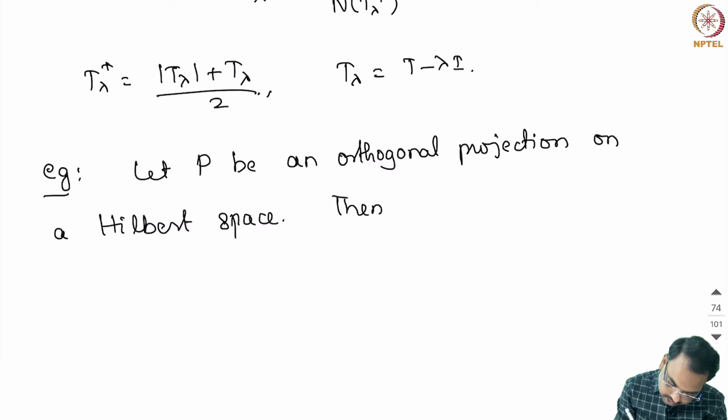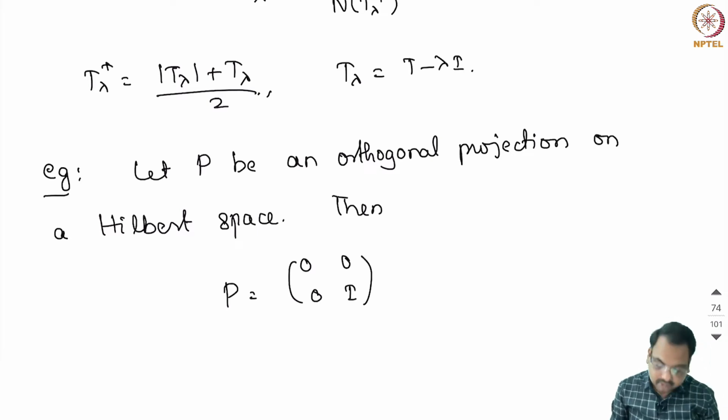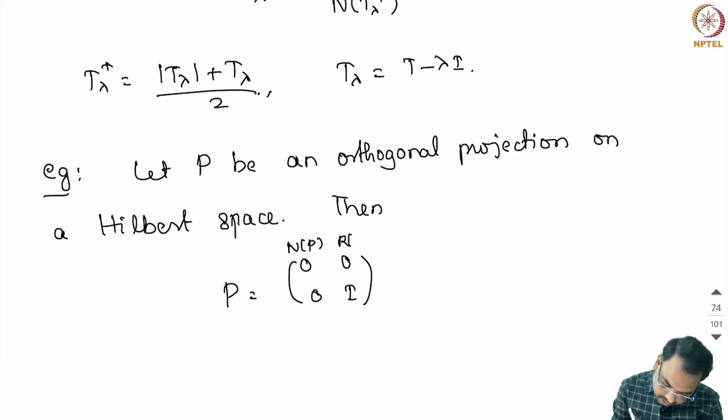Then we can write P as 0 0 0 identity, this identity on the range of the projection. So this is the decomposition with respect to the null space of P and the range space of P.